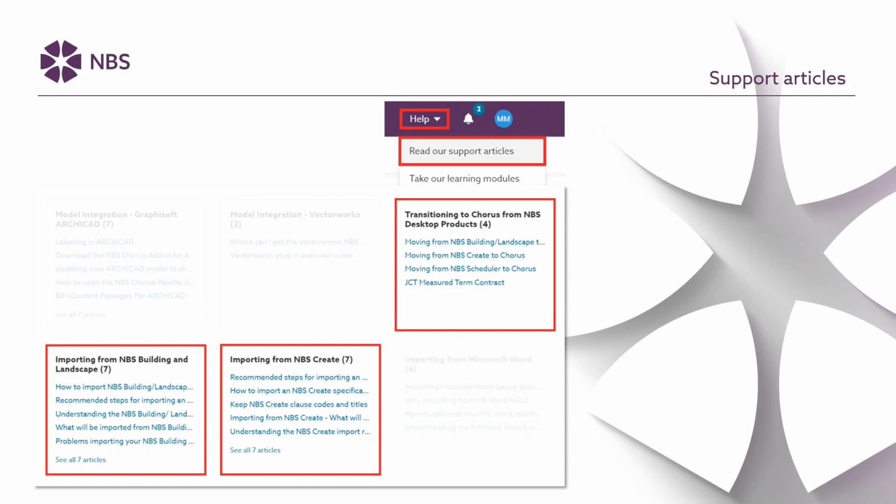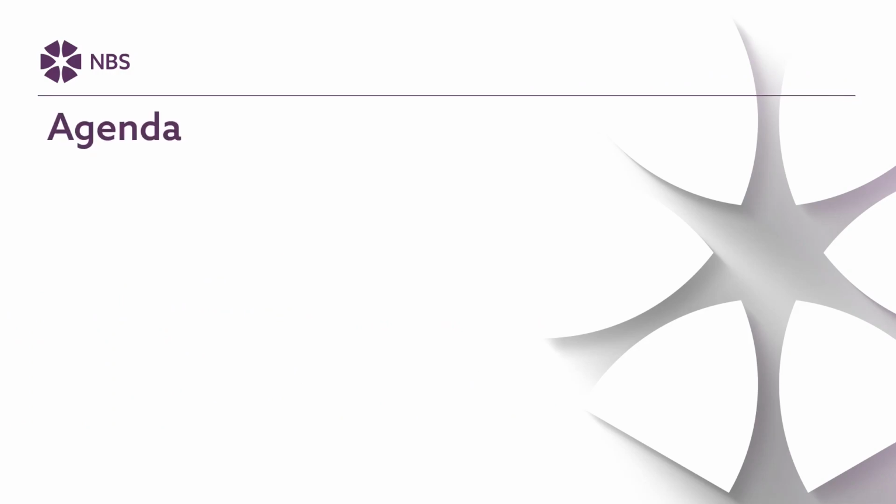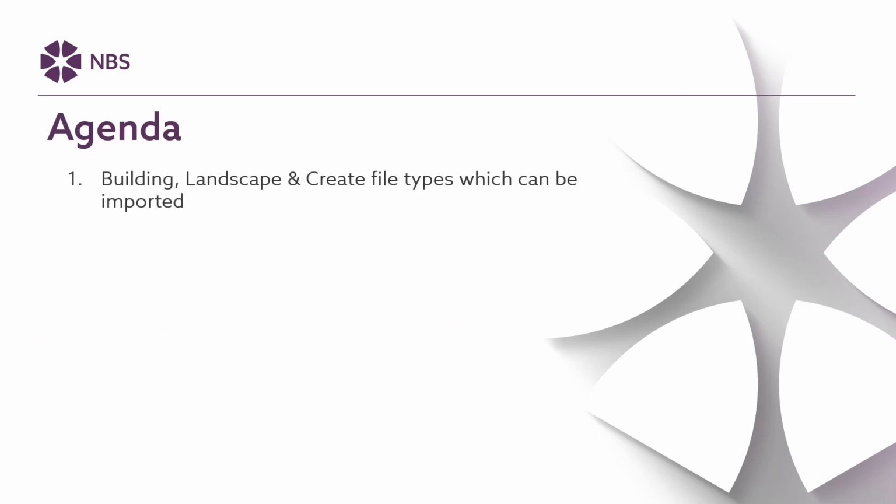NBS Create sections. Now, before I switch into Chorus and walk you through how to import your existing files, I'll just outline the agenda for the session. I'll firstly explain what files from Building, Landscape and Create can be imported. I'll then switch into Chorus and walk you through importing a couple of example files.